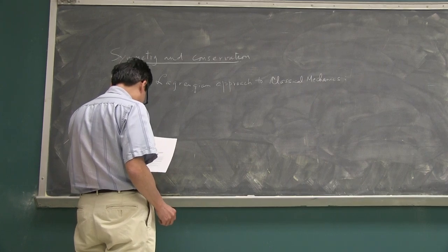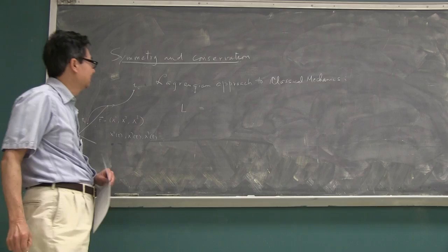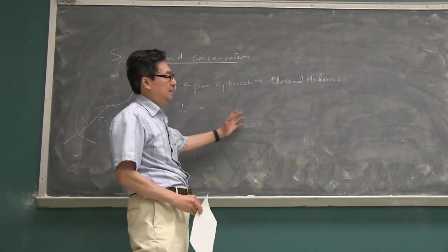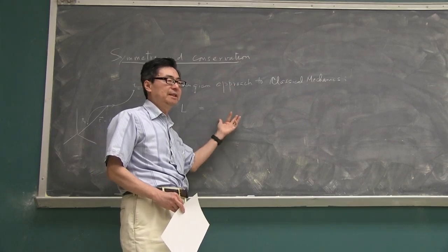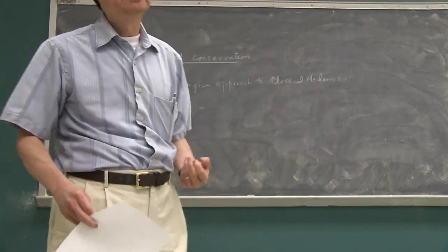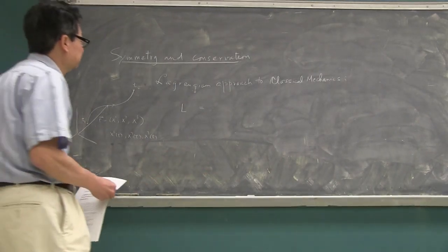You first derive a quantity called the Lagrangian, L, which in classical mechanics is defined as the difference between the kinetic energy and the potential energy. Those of you who have taken advanced classical mechanics courses will perhaps remember that.